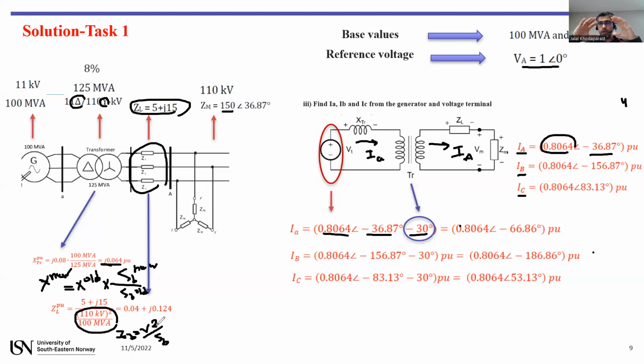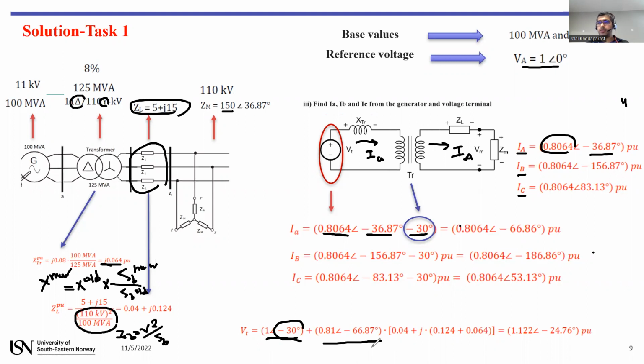So now we know the total impedance of the system. And according to the equivalent circuit of the system, we can calculate the voltage here. The voltage will be the voltage of the load transferred to the other side of the transformer, and that one is minus 30 degrees because of the type of connection of the transformer.